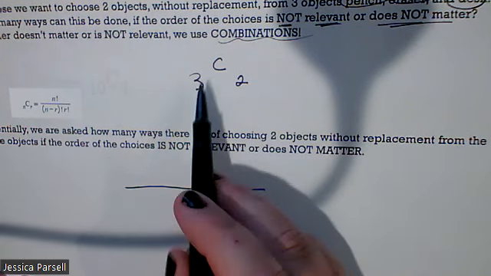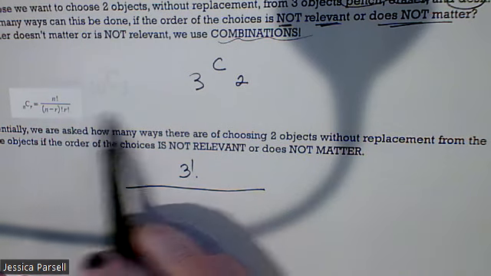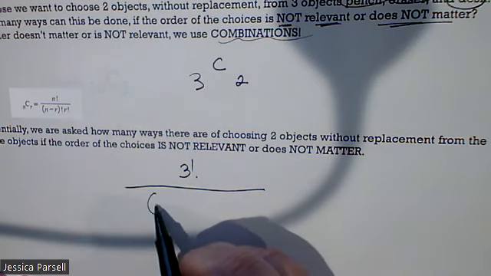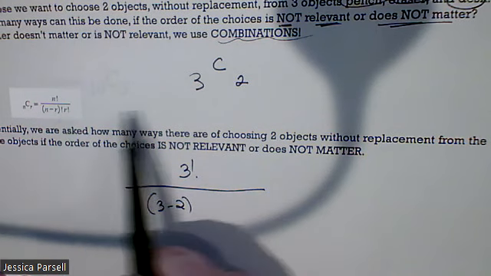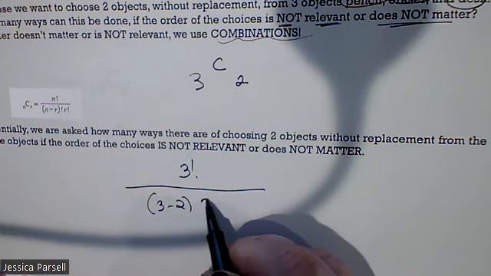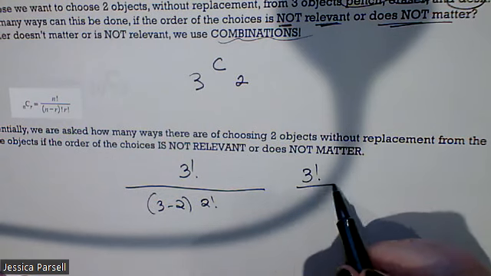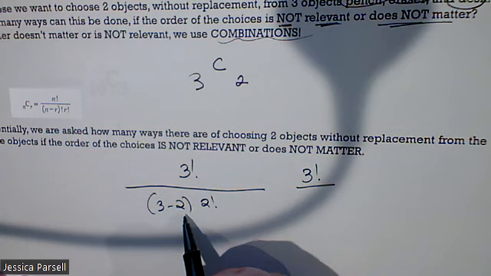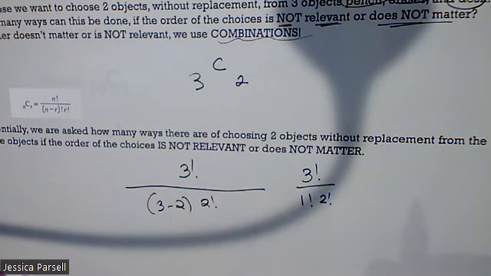So we know n is 3. So 3 factorial. In the basement, we have n minus r. Here's your n, here's your r. But the extra step we're going to go is we're going to put that r again here, just like that. Okay, so we have 3 factorial over 3 minus 2, which is 1 factorial times 2 factorial.